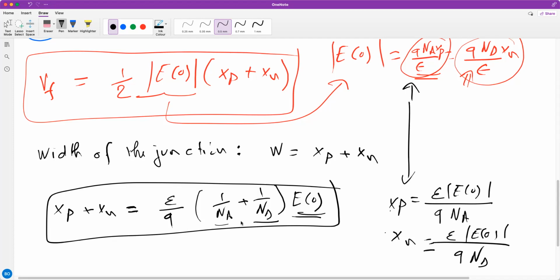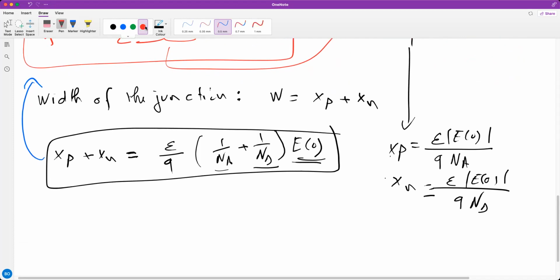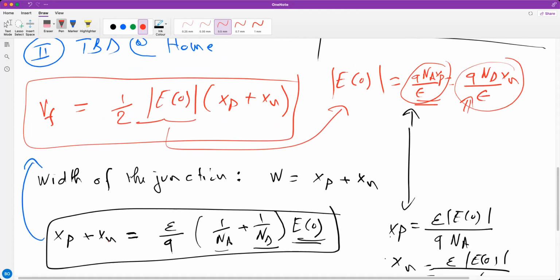Yes, it's clear. So now you can play a lot with this. I can also replace this here, include this here. This will give me another formula for VF, which is 1/2. Now, instead of having E0, I want to replace E0 by its value, and XP plus XN by its value.